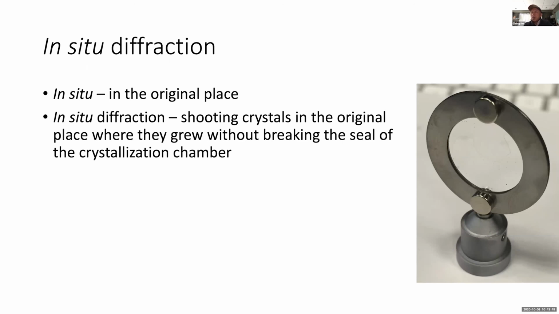Basically, you enclose the entire protein, precipitant, and buffer mixture at a fixed condition inside this device, and then close it. When you seal it, it's isolated from the outside world. The condition should not change, unless there's some leak in this device.